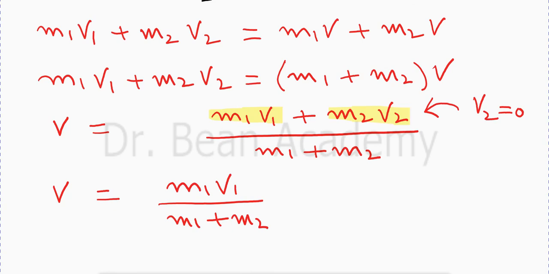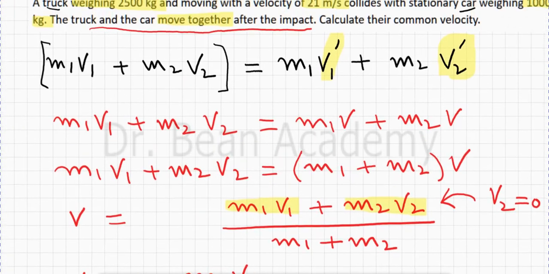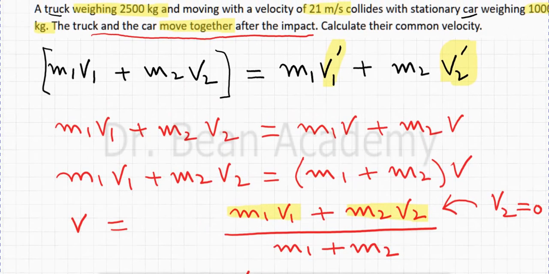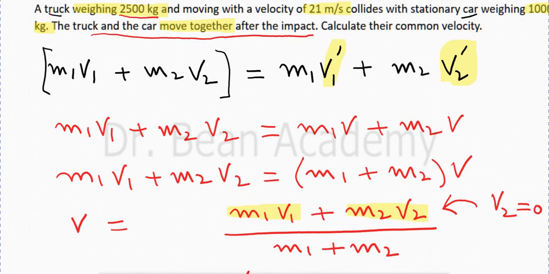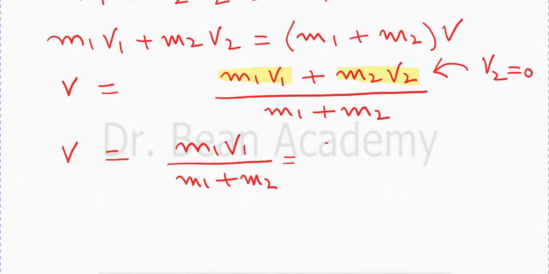Okay, so now just plug in the values and get your value. The mass m1, meaning the mass of the truck, is 2500 kilograms. I will write this value here: 2500 kilograms multiplied by velocity v1 of this mass m1, which is the truck.